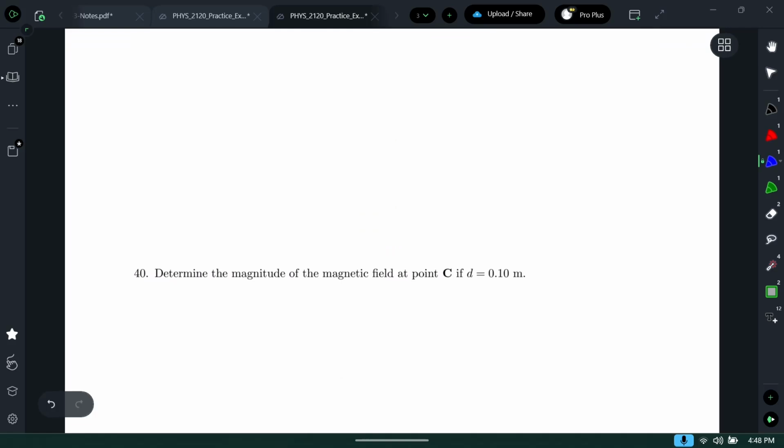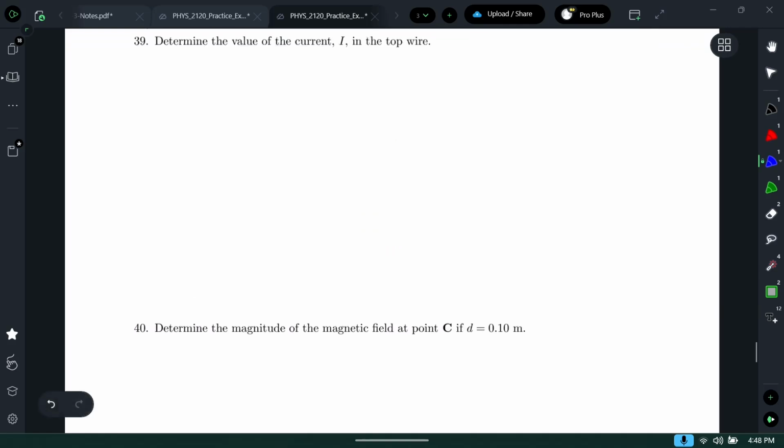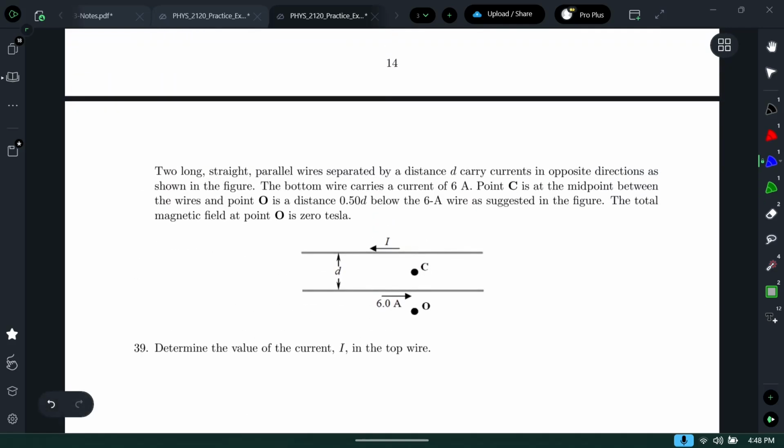Okay, so the question is the magnitude of the magnetic field at point C if we're given that D is 0.1 meters. So I want to know the field here. I think a trap that's easy to fall into for this is, with a setup like this, we've talked about magnetic forces a lot, the force one wire exerts on the other.